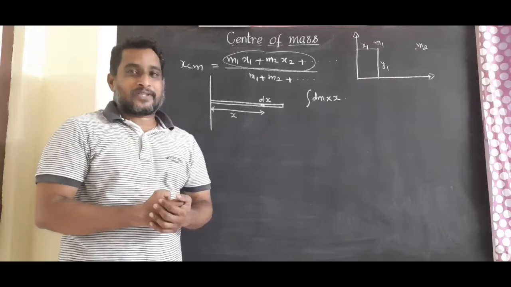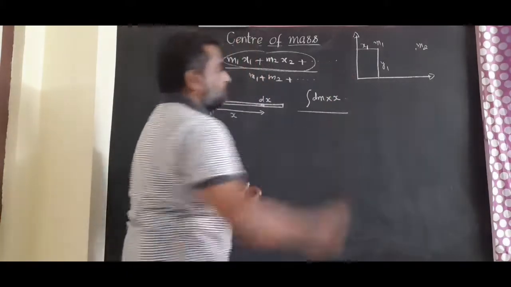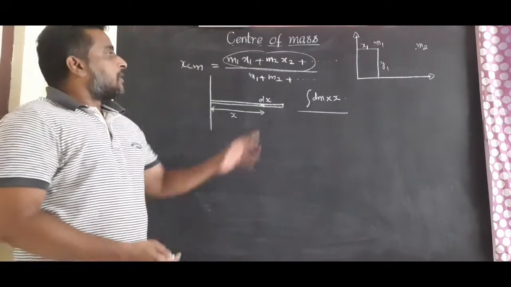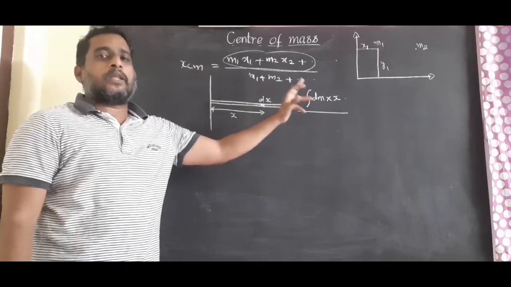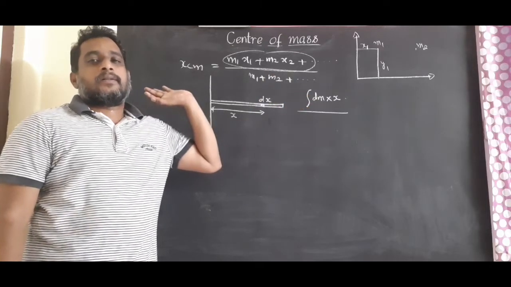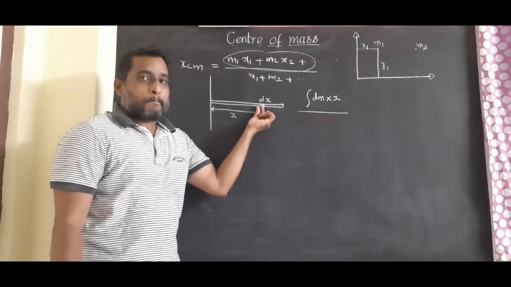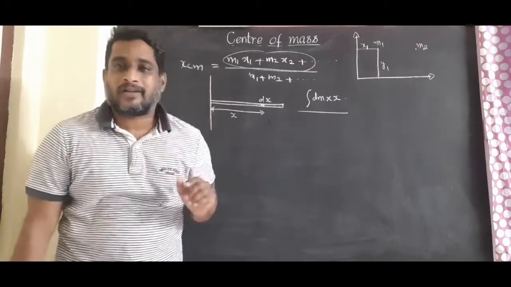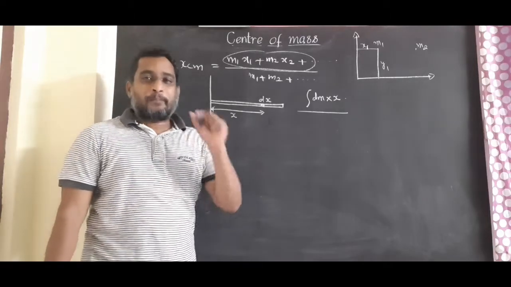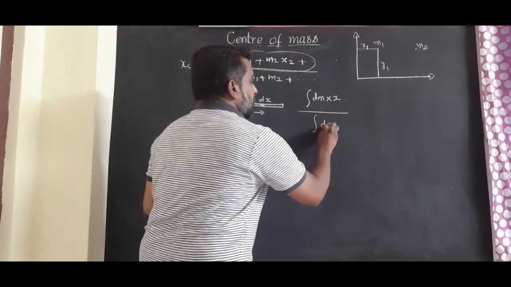I hope you are following this particular point. Come to the denominator part. Denominator part represents sum of masses of all the particles. Here the mass of one particle is dm. So we have to add masses of all such type of particles in the rod. Therefore, we replace that denominator factor in the equation with integral dm.